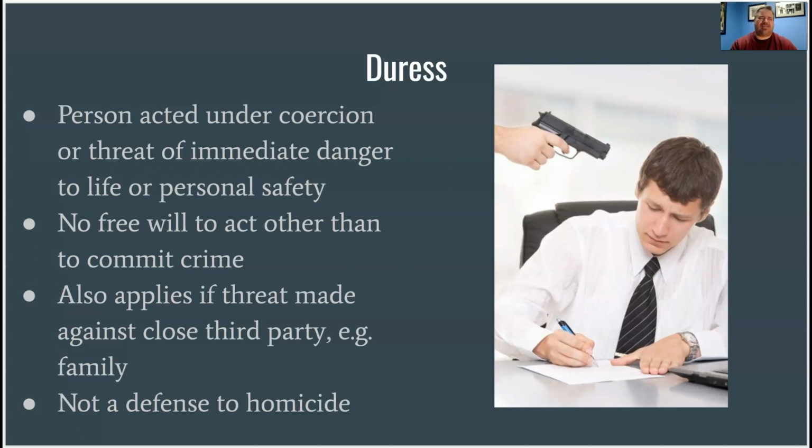And essentially, you've got to demonstrate that you had no free will to act other than to commit the crime. Somebody had a gun to your head, metaphorically or literally, and thus you acted.